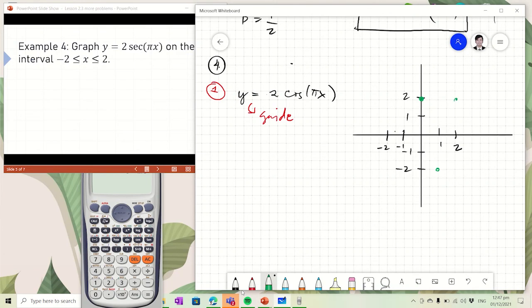Here, -2, then 2. Then, again, just make a broken smooth curve. Kasi guide lang natin siya. Hindi pa talaga ito yung graph ng ating secant natin.